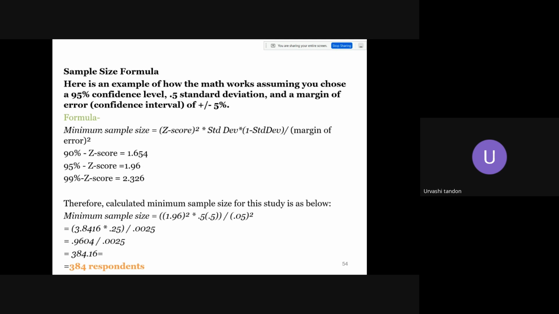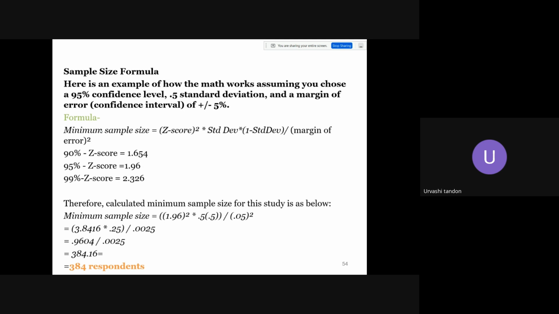So the minimum sample size uses the Z score. Because when we go for normal distribution, we calculate the Z score. For 90% accuracy, it is 1.6. For 95%, it is 1.96. And for 99%, let's say when we are testing a drug, because here we cannot commit mistakes.